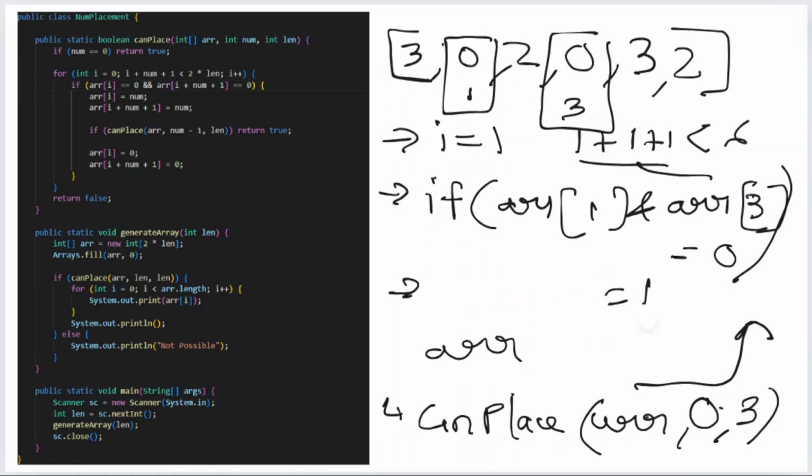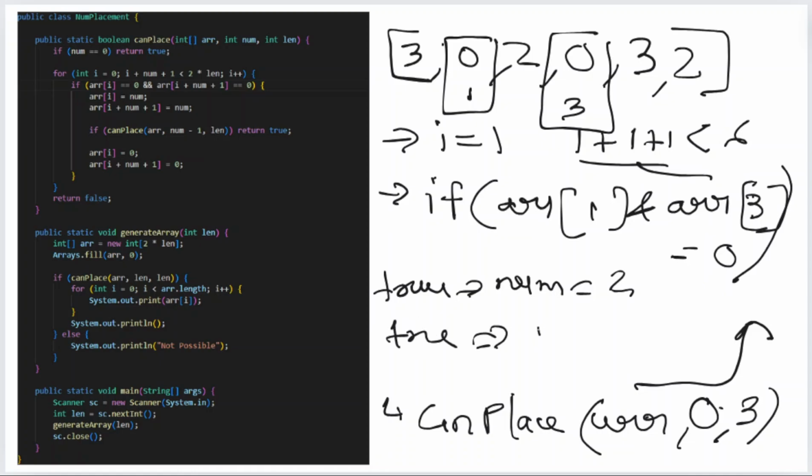So let's just scrub it for now to go back to the previous function. This will be returning true to the function when num equal to 2, and that function will be returning true to the function that called it, which is the function with num equal to 3.